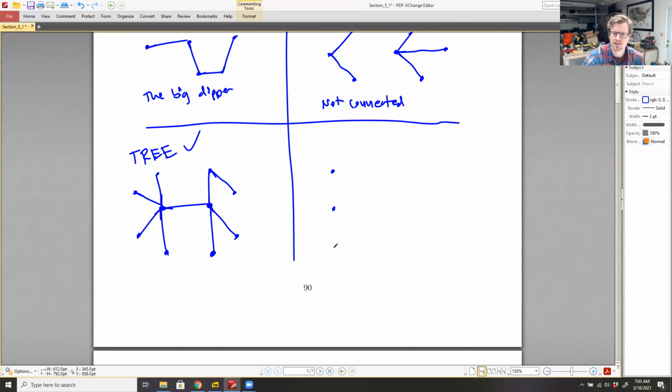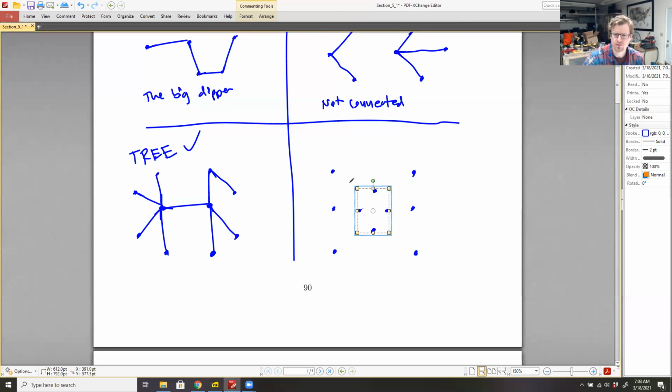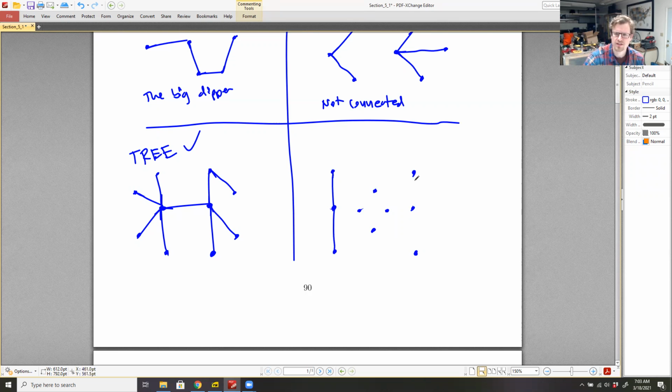So I've got, let's go with several vertices, 6 of them arranged as vertical lines. And let's go with a few more like this. Let's move those over. There we go. So I'm going to connect these ones on the sides.